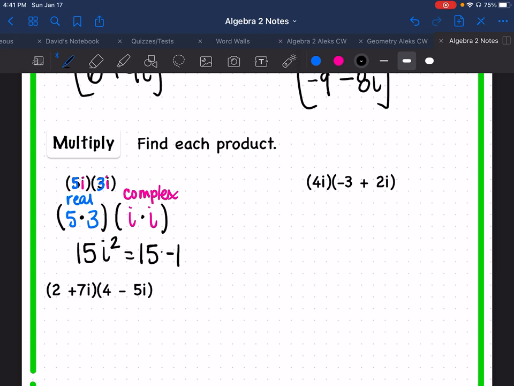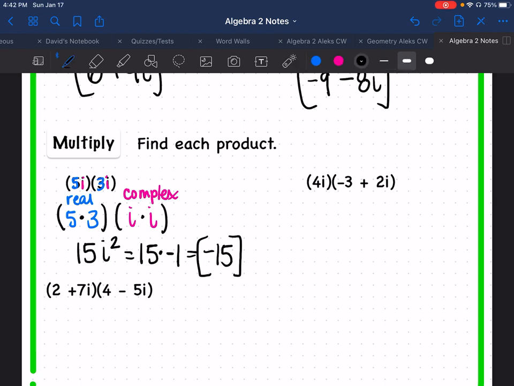So we have 15 times -1 or -15. And that would be our answer right here. Now this happened, of course, because we had i times i. And whenever you have i times i, this is going to happen, and it's going to change the sign of whatever number's in front of it. So had that 15 been negative, of course, it would change to a positive.